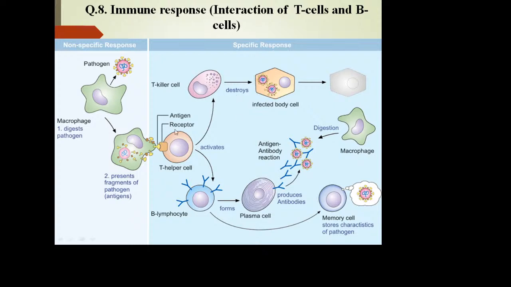The process of recognition of antigens by T helper cells occurs mostly in lymph nodes, in local lymph nodes. So all T cells and B cells are present there. That's why, maybe you know, in infection we can see enlargement of lymph nodes.